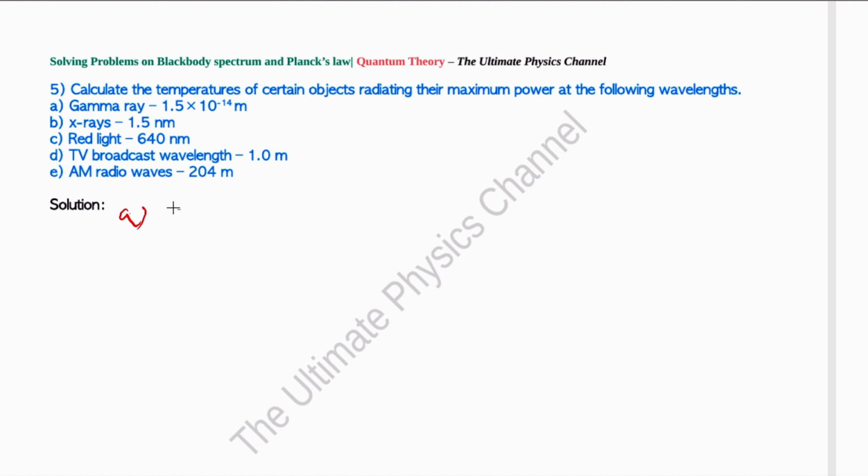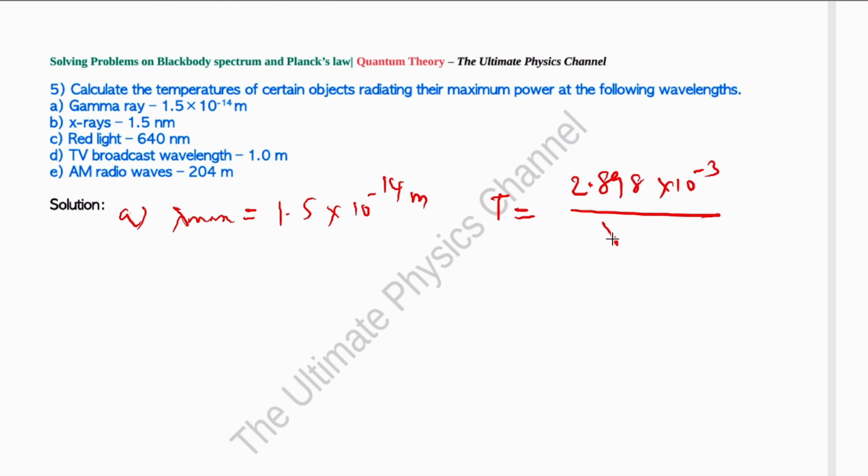So the lambda max is known now. Lambda max is equal to 1.5 into 10 power minus 14 meter. T is required, so T is equal to 2.898 into 10 power minus 3 over lambda max according to the Wien's law.